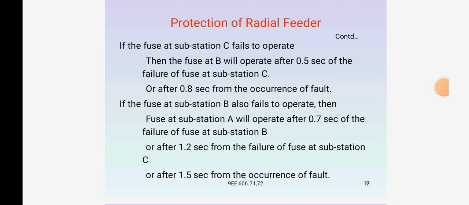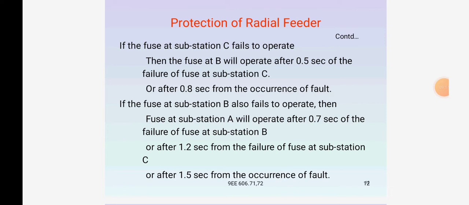If the fuse at substation C fails to operate, then the fuse at B will operate after 0.5 seconds of the failure of the fuse at substation C, or after 0.8 seconds from the occurrence of the fault.